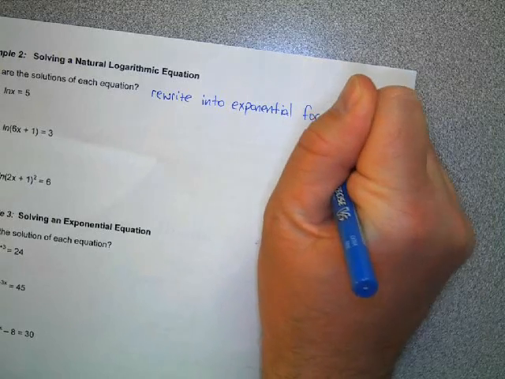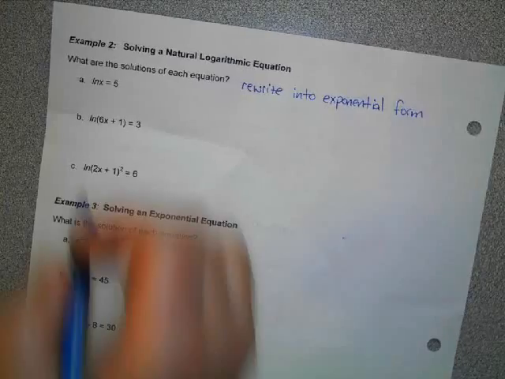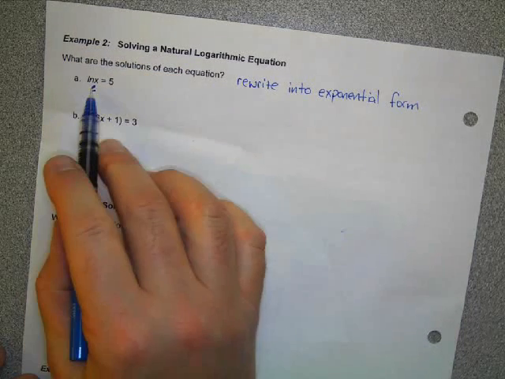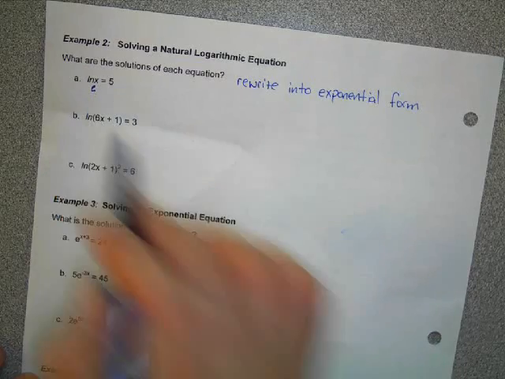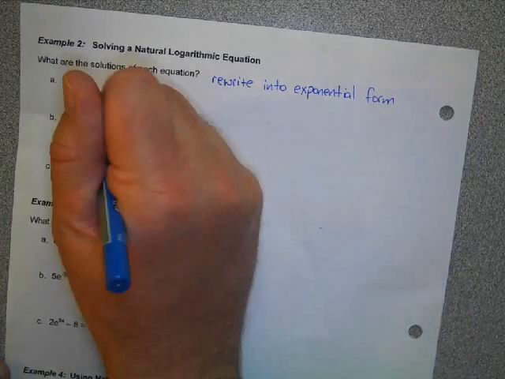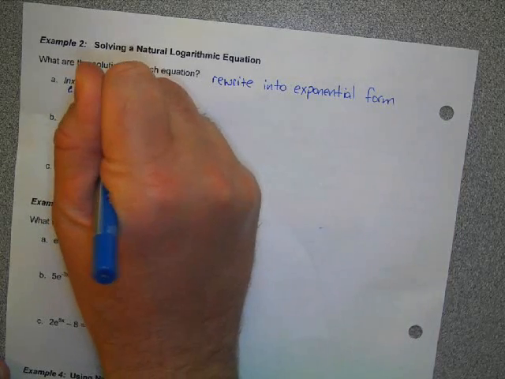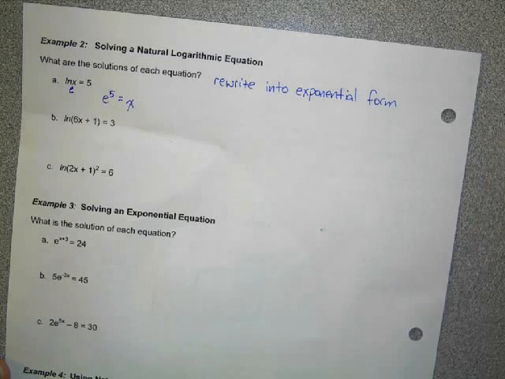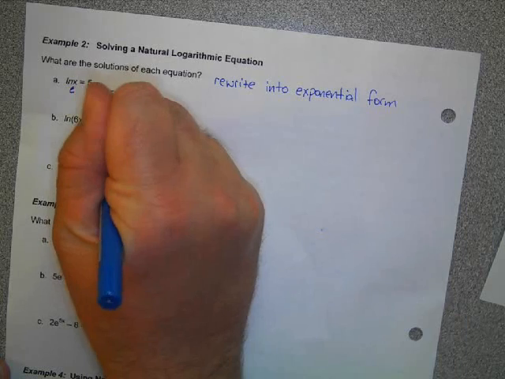Okay, so e is understood to be your base. It's not written, but it's understood to be your subscript. So if you were to rewrite this into exponential form, it would say e to the 5th equals x. If you were to approximate that on your calculator, e to the 5th power is about 148.41.